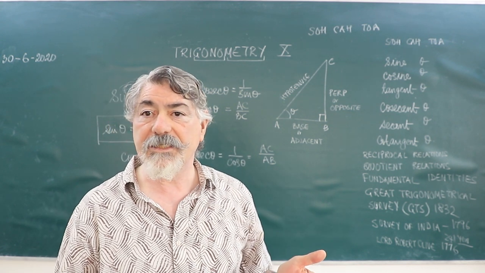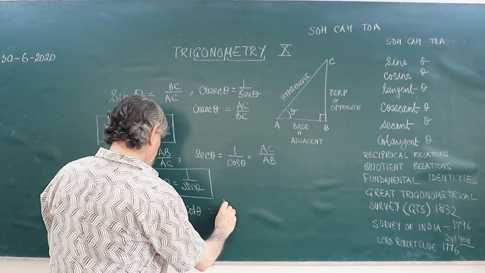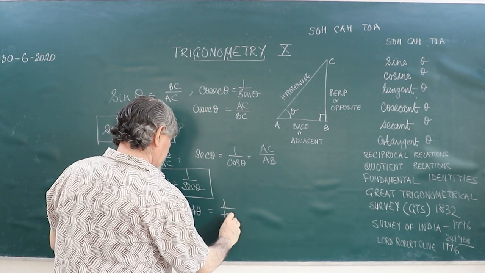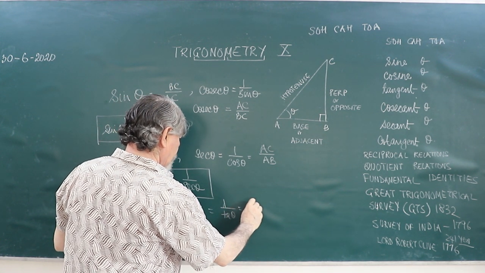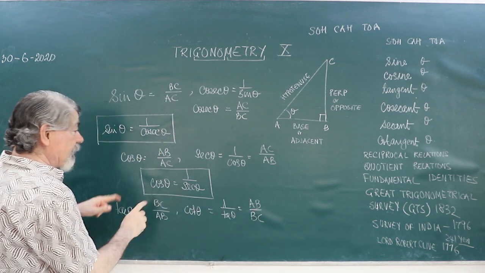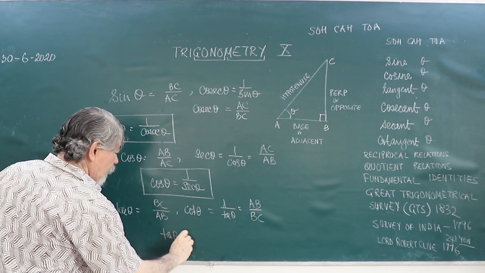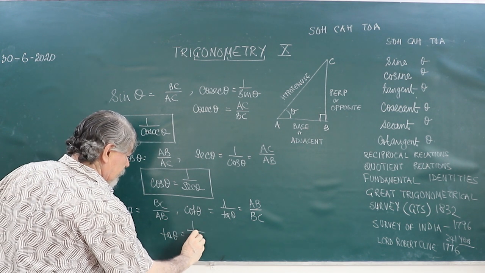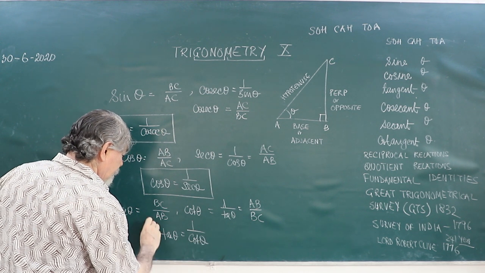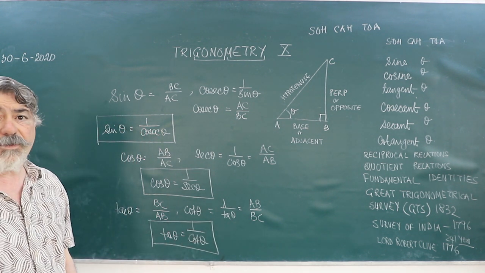So cot theta is 1 upon tan theta, that is AB upon BC. So tan theta is equal to 1 upon cot theta. These are called reciprocal relations.